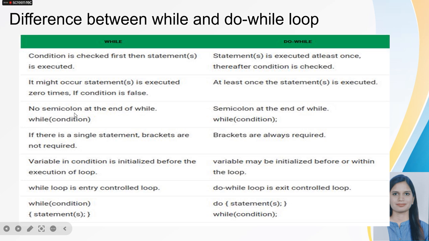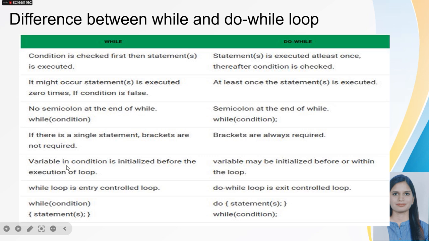In while, there is no semicolon at the end of the while condition. In do while, there is a semicolon at the end of the while condition. In while, if there is a single statement, brackets are not required. In do while, brackets are always required.